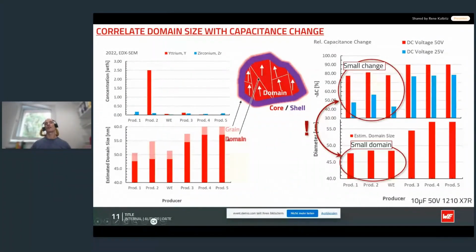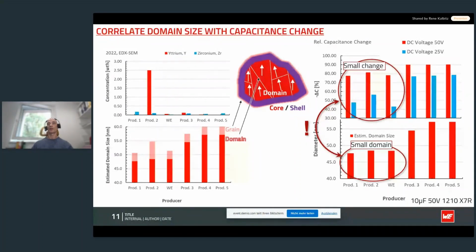The analysis of the grain size and the chemical composition revealed that producer 2 uses additives like yttrium, while others control the domain size with the grain size of the ceramic powder material. On the top left graph, you see yttrium concentration, which leads to the formation of a thicker shell and thus a smaller core, and subsequently leads to a smaller domain size for producer 2.